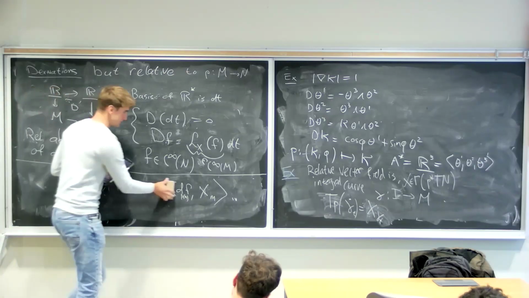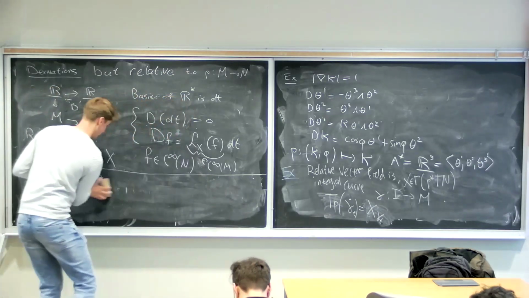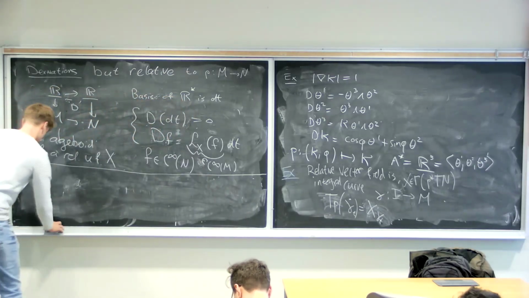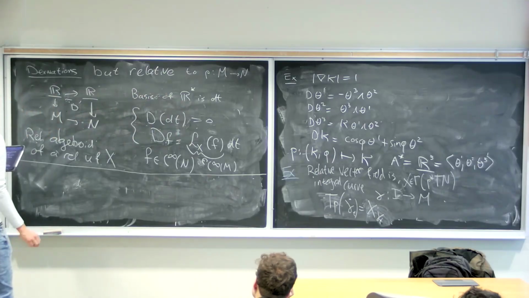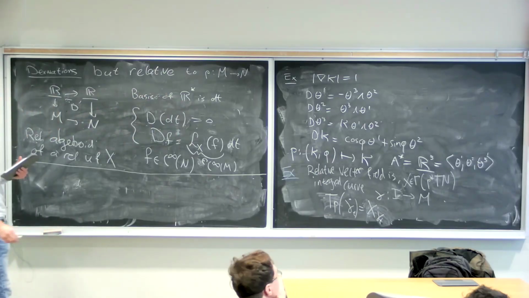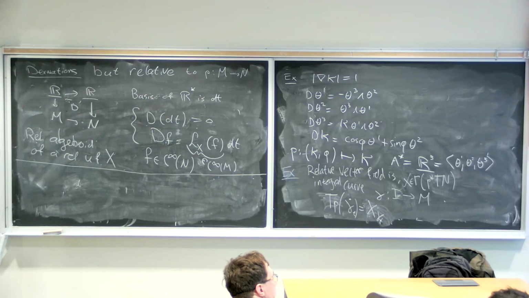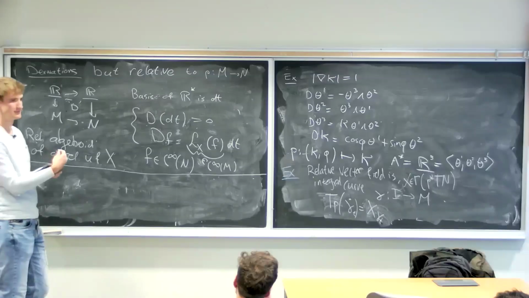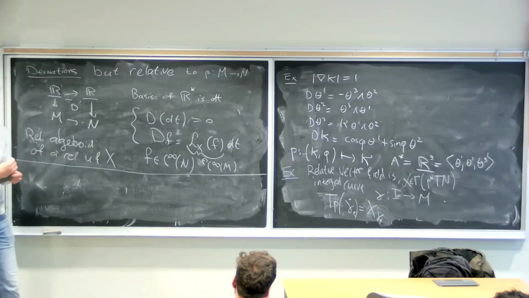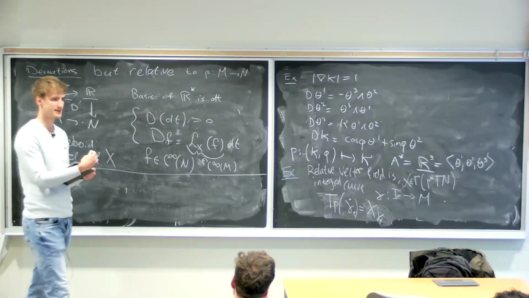Maybe I'll write it down in coordinates too, so it might be a bit more clear. I never realized that if you have a section of the pullback tangent bundle, I never really thought of that as being able to differentiate anything, because it's not a tangent vector on N, so it's not a vector field on N, so we can't differentiate functions on N. What you're telling us is that if the function is pulled back from the base, then it does make sense to take the derivative of that function.